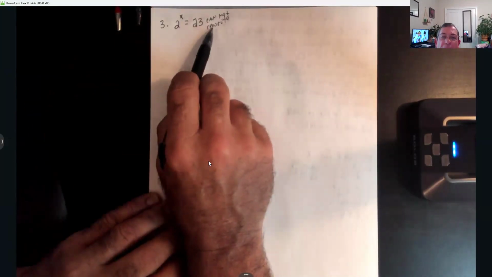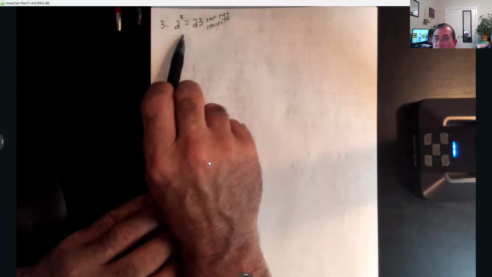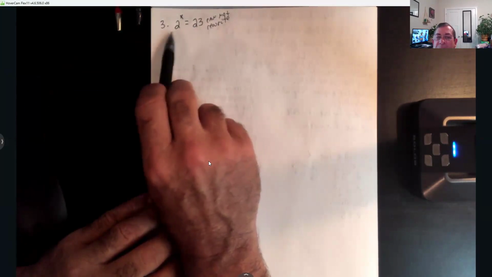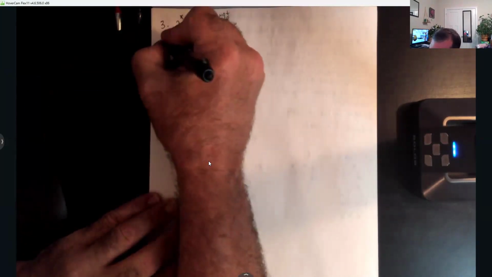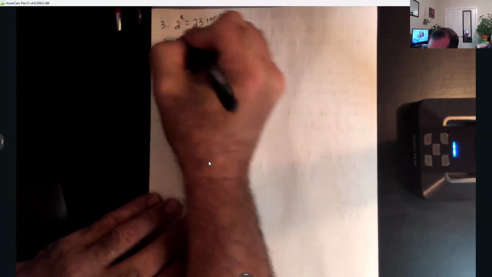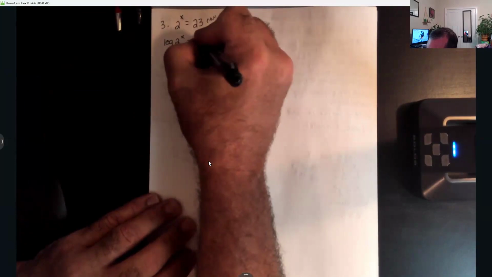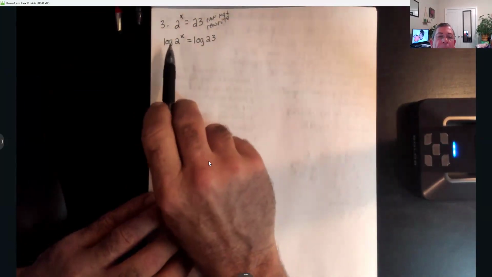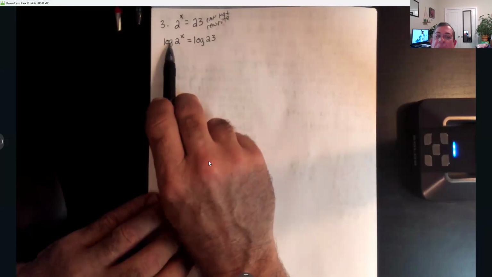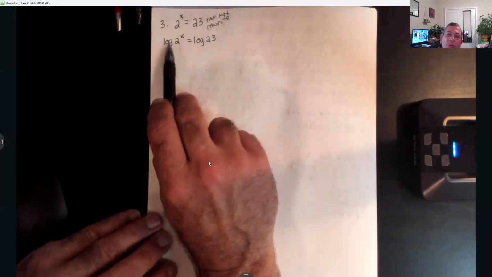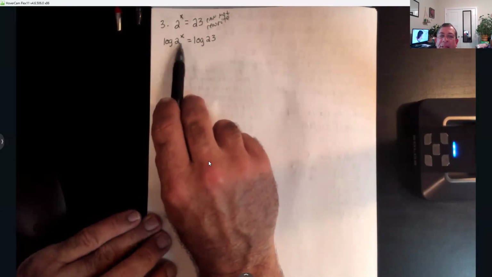So since we cannot rewrite, we said that we need to take a log of both sides. So I'm going to do the log of 2 to the x equals the log of 23. Remember, I can take a log over here as long as I take a log on that side, okay? So as long as we do the same thing to both sides, we can actually take a log of both sides.